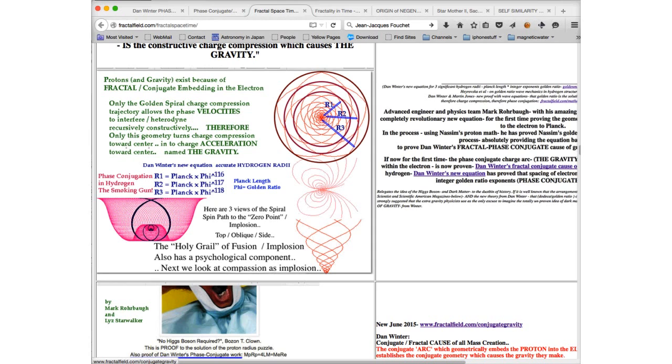So any physicist you go to who says phase conjugation golden ratio is not the cause of gravity, you ask that physicist, why do exact multiples of golden ratio times Planck produce the radii of hydrogen? If they don't agree that that's the cause of gravity, then why is that incredible coincidence there? That's on the cover of my book.